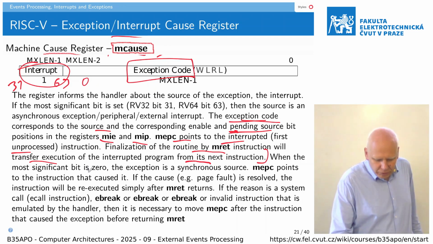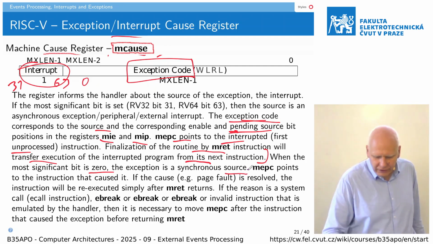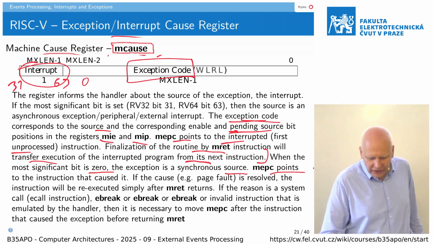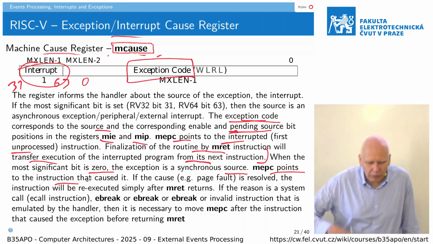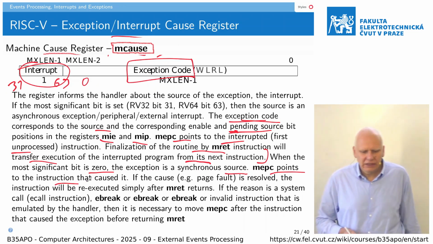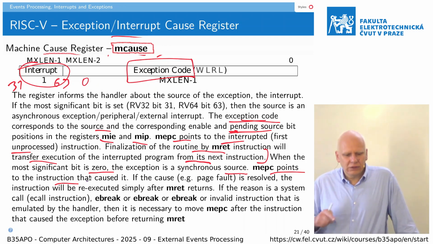When the most significant bit is 0, then it is that synchronous source. I have already said it. And in such a case, MEPC points to the instruction which caused it. So basically, in this case, we know that if we correct the situation and we return, that instruction will be re-executed. Be careful for the system call.